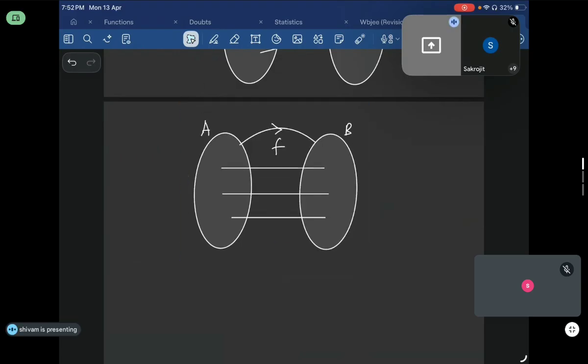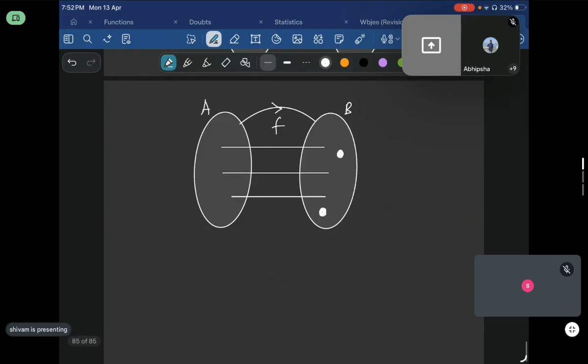Is this mapping injective? There are two elements in B which do not have any pre-image. Yes, sir. This is also injective. And over here, range is a subset of codomain.